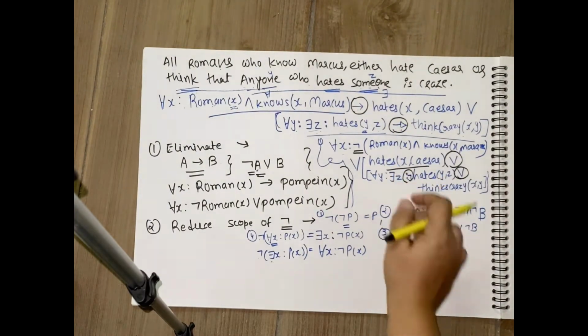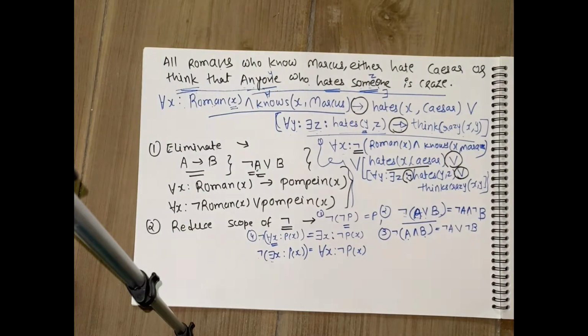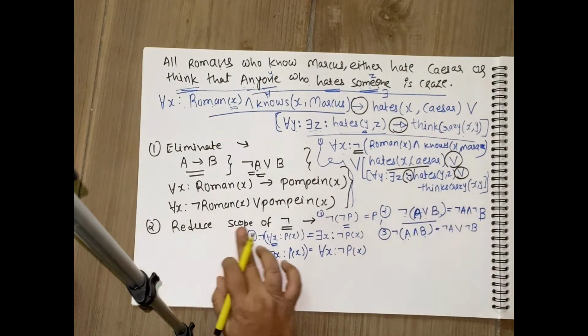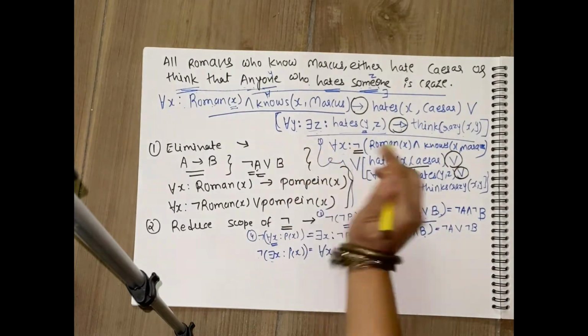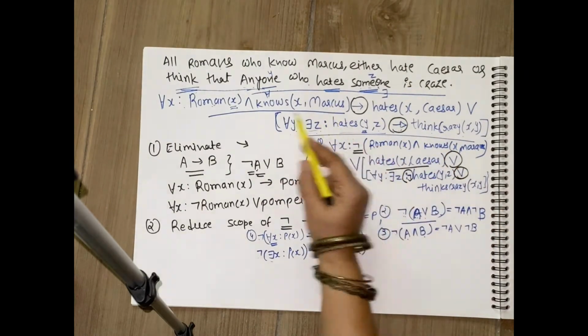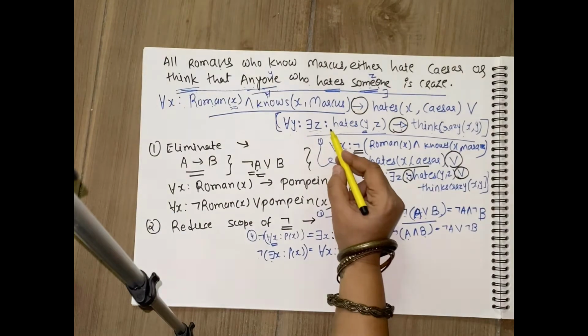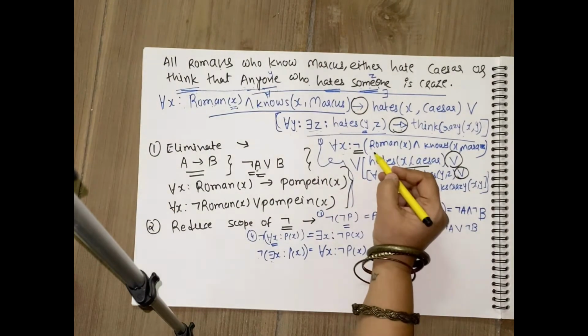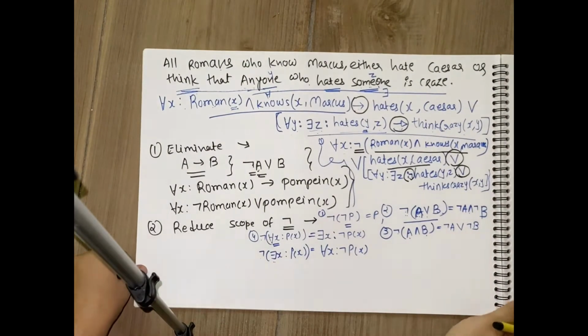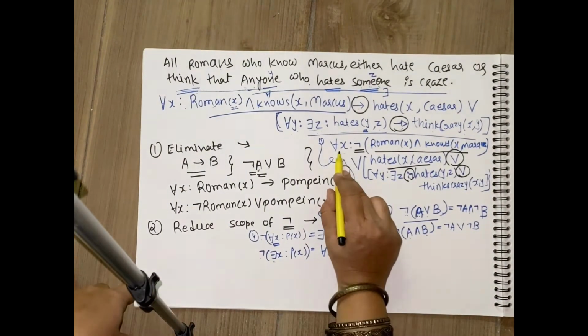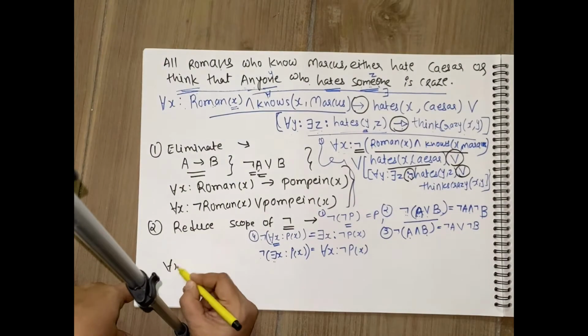Now once this is applied, what do we have to do in sequence? We have to reduce the scope of not operation. In the first left hand side we have considered not to be applied on the entire term. So not should be applied to individual terms over here. So for all x remains as it is.